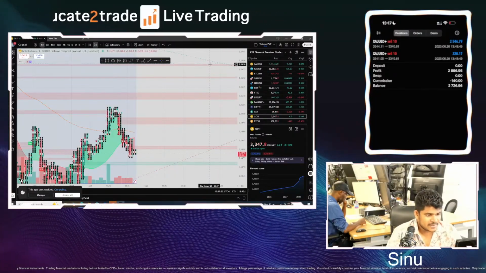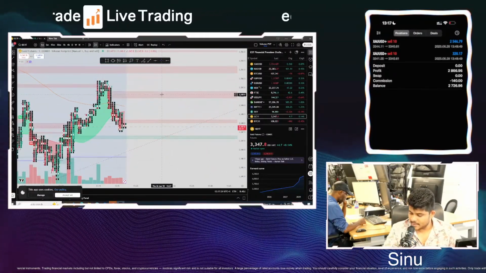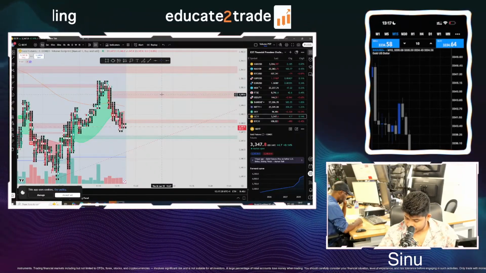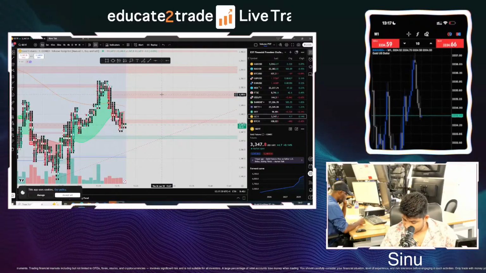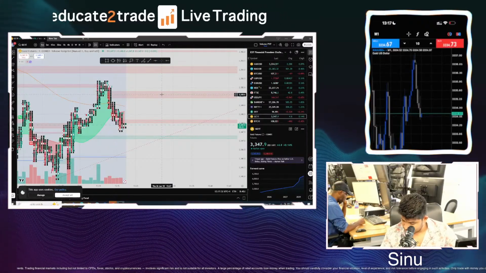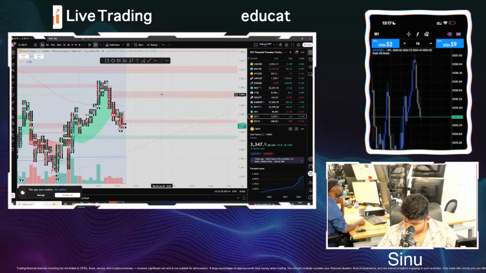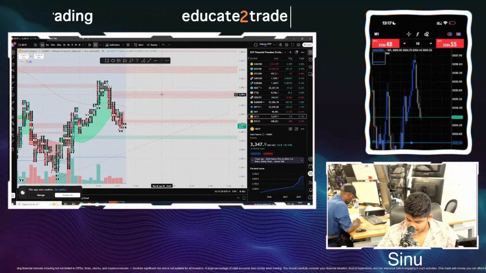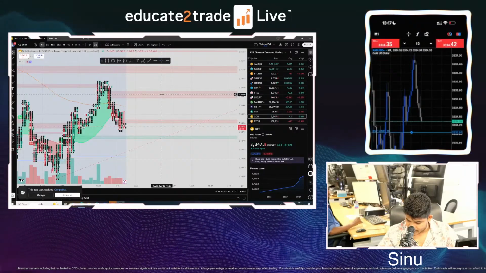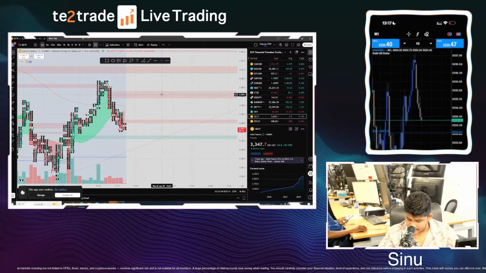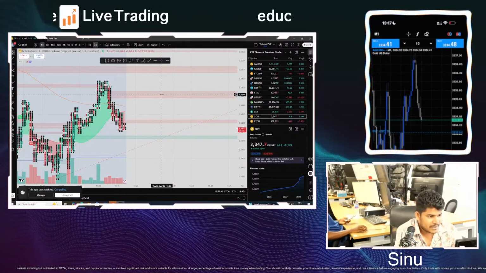If that happens, let's enter that particular trade. This is the value which I'm looking for, entering long. So basically this is a counter trend with respect to the current trend. For 15 minutes, if this is valid, then we can take up that entry.